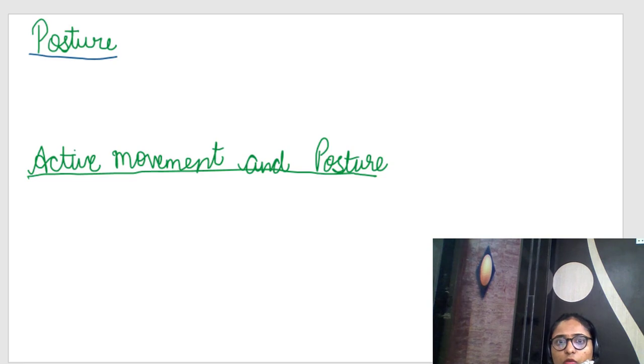To lift his arm, he'll contract his muscle and the body is in some state of position. So, that state of position in the active movement is called your active movement and posture. Correct? All right.